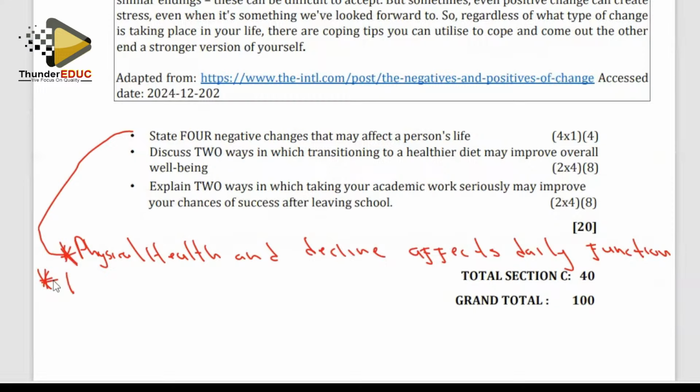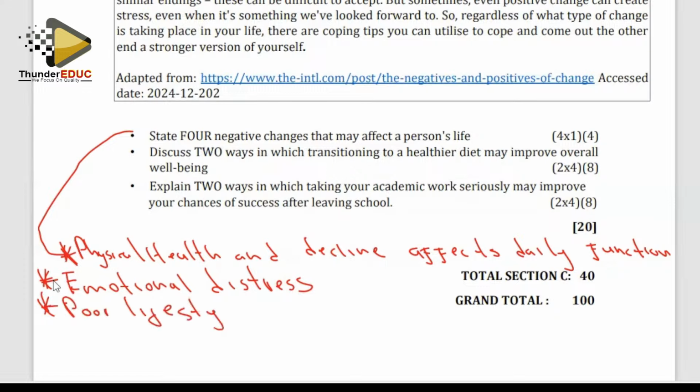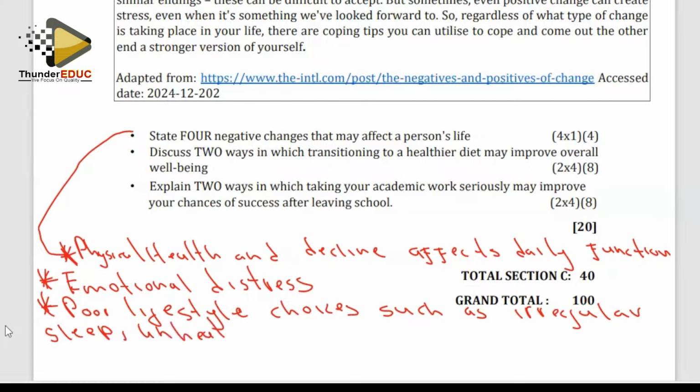Then emotional distress. Then in addition to emotional distress, poor lifestyle choices, such as irregular sleep, unhealthy eating habits.